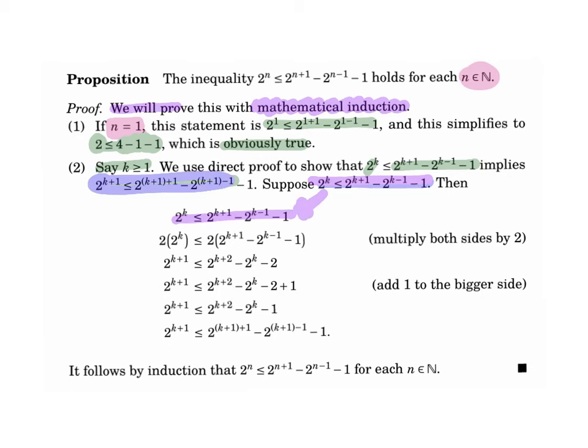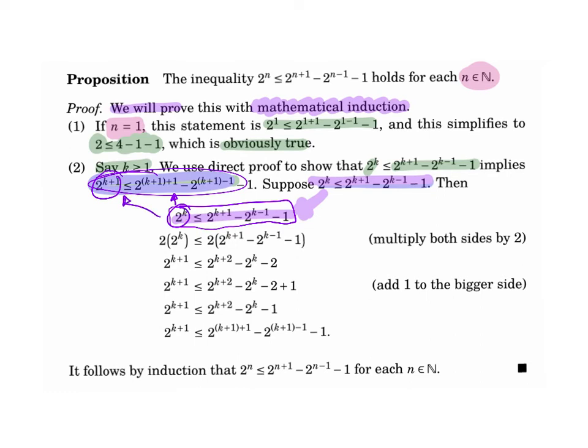For inequality ones, this is often what we're going to do, because we can say what we know for sure, that that inequality holds. I can't really work with my other inequality that I'm trying to show because I don't know that that's true yet. Okay, so now I think to myself, how do I get this inequality here? How do I get this to look like the thing I'm trying to show? And one thing I notice is that I need to get an extra copy of 2 on that side.